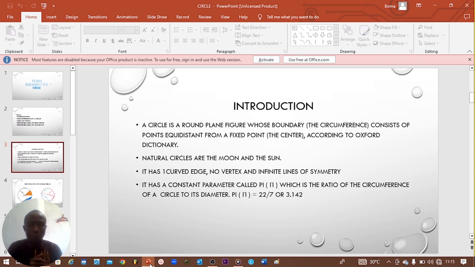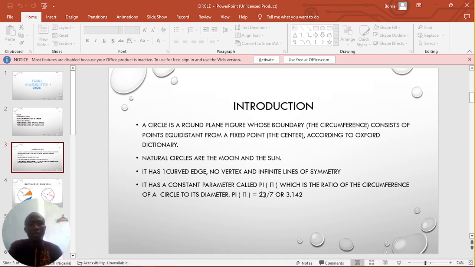Let me say that again. If I take the circumference of any circle and divide it by its diameter, the value will be the same whether a big circle or a small circle. No matter the size of the circle, the parameter called pi is the same for every circle, and it has a constant value of 22/7 or 3.142.